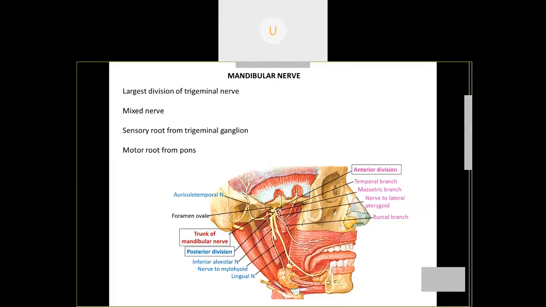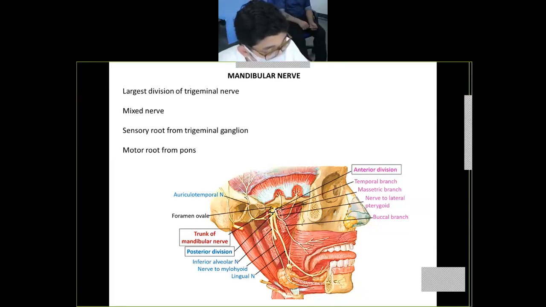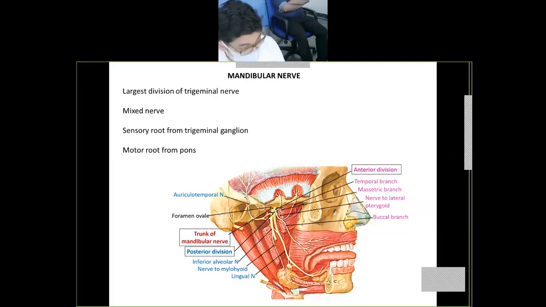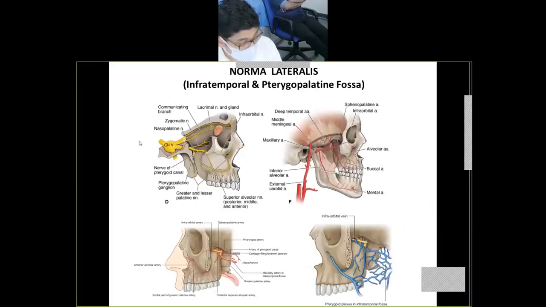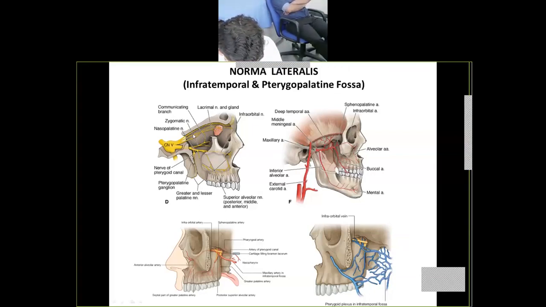Let us just discuss the mandibular nerve. We have seen this is the trigeminal nerve, with three divisions coming from it. The first one moves inside the orbit through the superior orbital fissure.